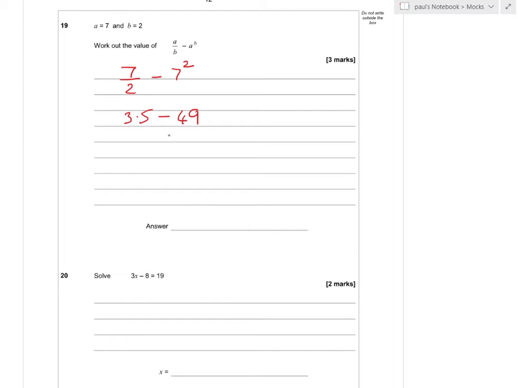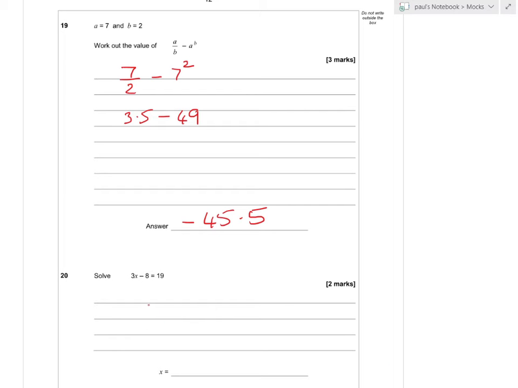Wow, 3.5 minus 49, no calculator. Let's do it the other way around. So it's 45.5, but it's minus 45.5. That's complicated, that one. 45.5.